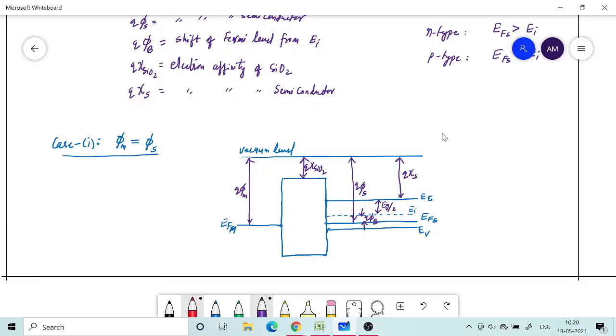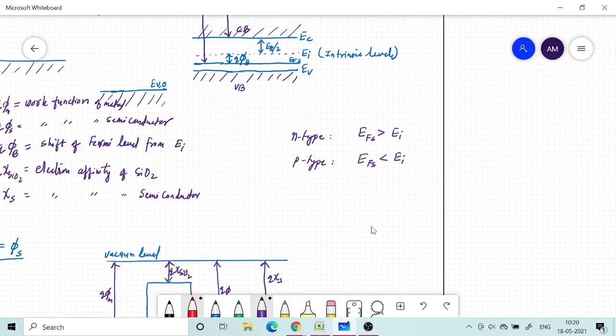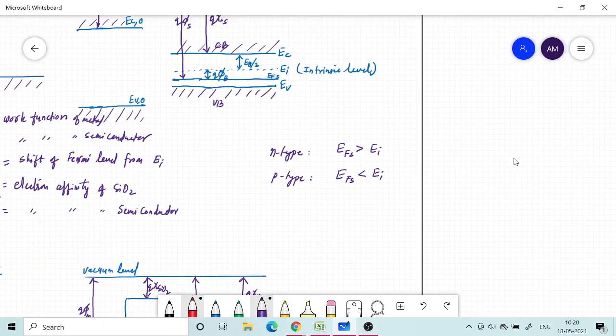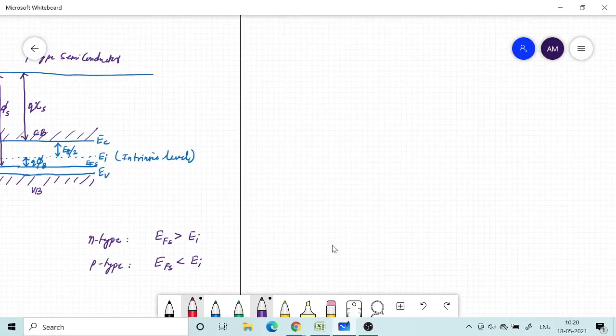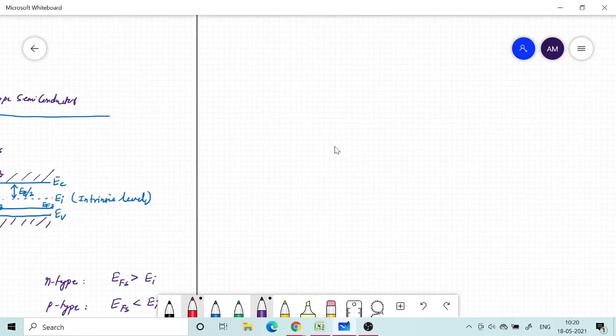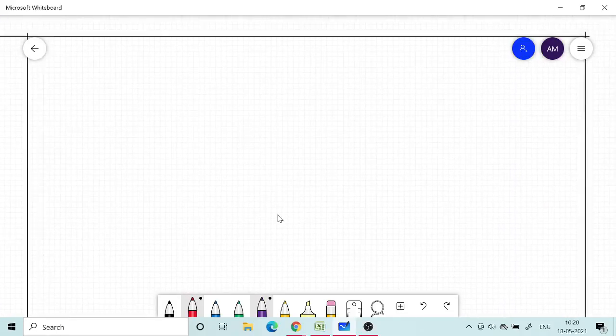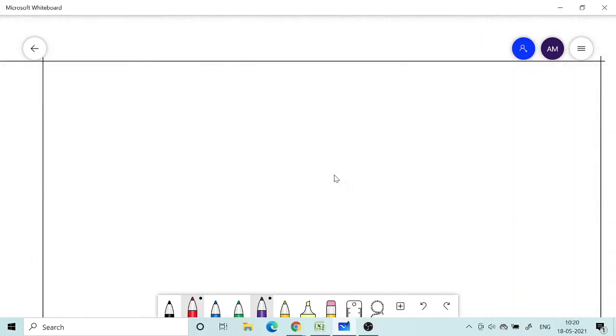So now we are going to consider a different case. Now let's consider two cases. So we are only looking at joining of different semiconductor materials and then drawing their corresponding band structure together.